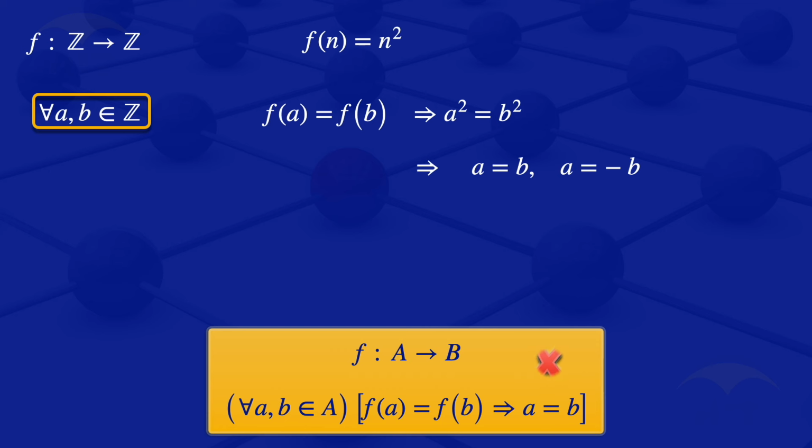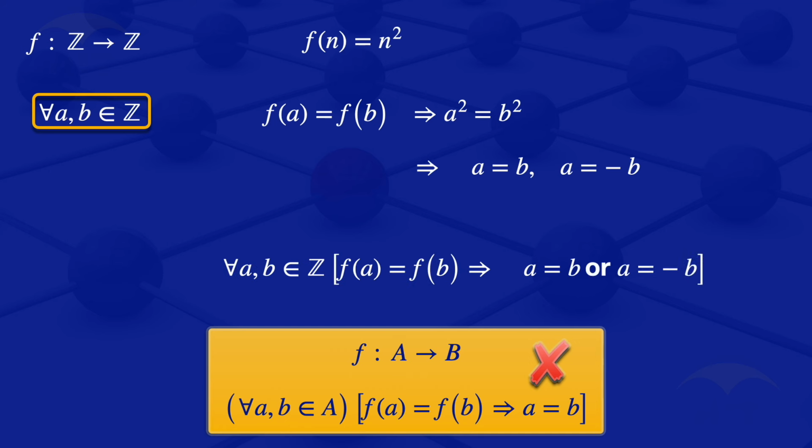So this condition has been violated. For all a, b which are integers, whenever f of a equals f of b, we have a equals b or a equals minus b, which violates the definition of an injective function. So in this case, we conclude that the given function is not injective.